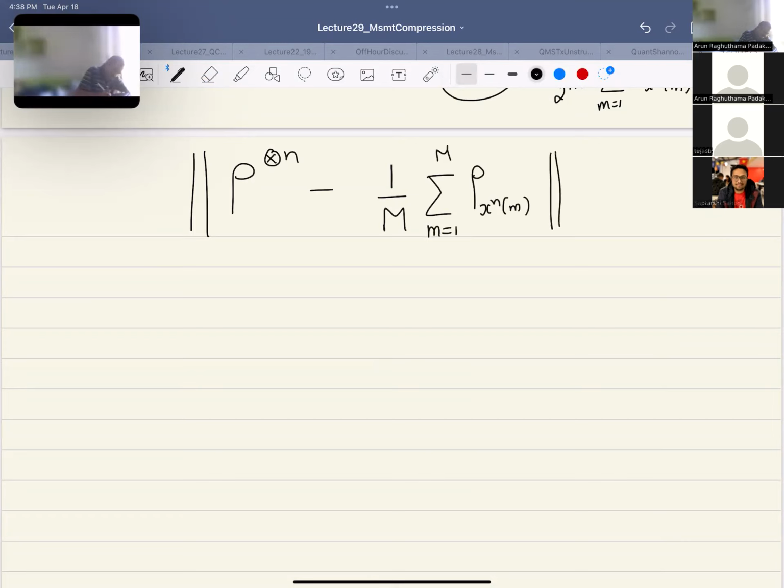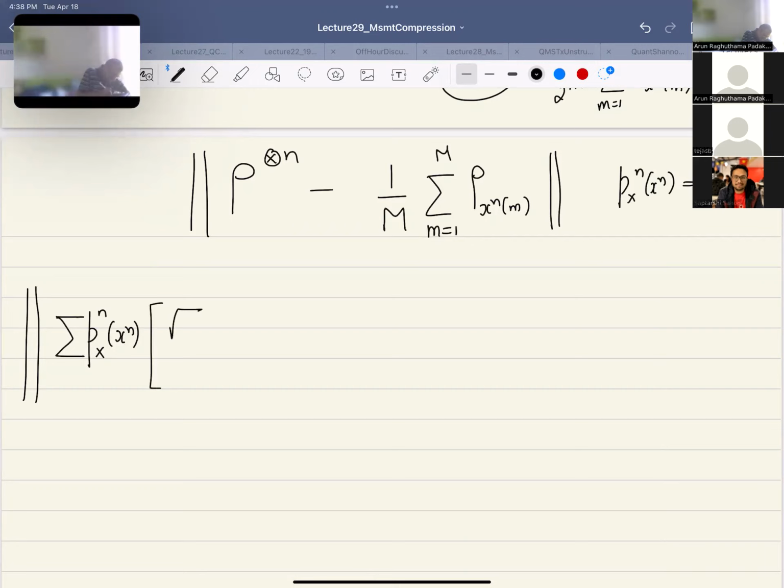This is how I would simulate. Now look at what I'm looking at in the quantum measurement compression. I'm looking at the following: P_{X^n} of x^n. So what is my P_{X^n}? P_{X^n} of x^n is like trace of rho tensor n Lambda_{x^n}, times what do I have?